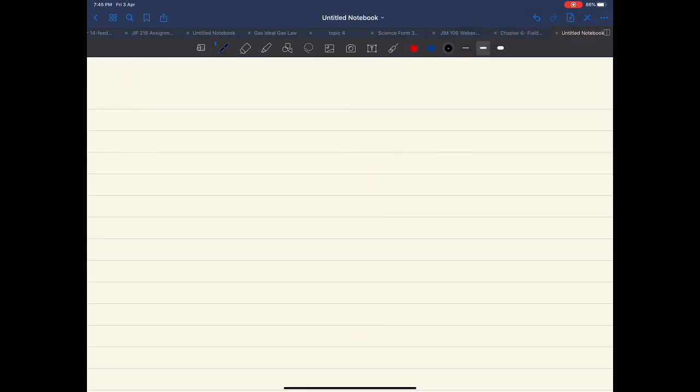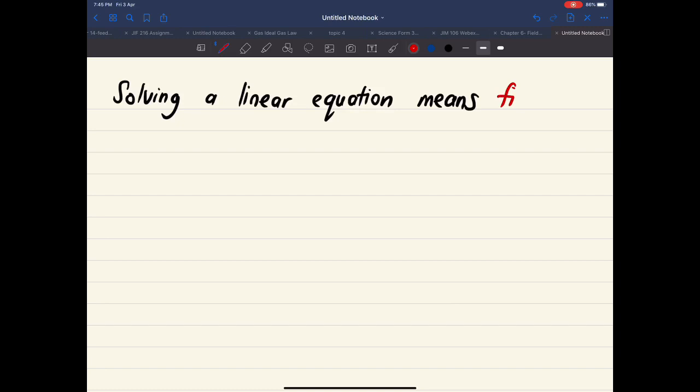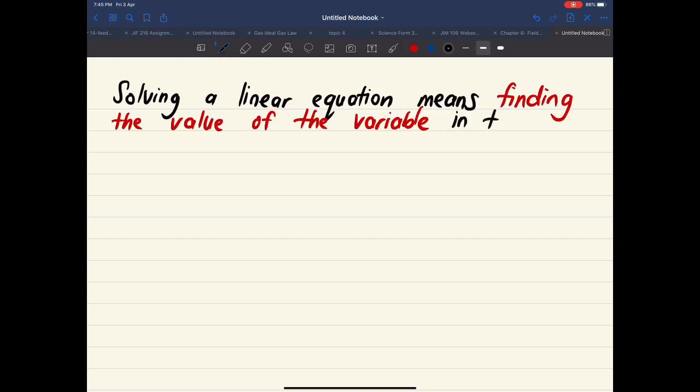Okay, next is solving a linear equation, which means finding the value of the variable in the equation.